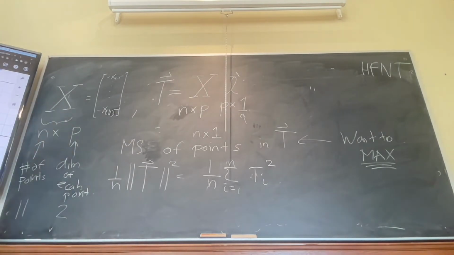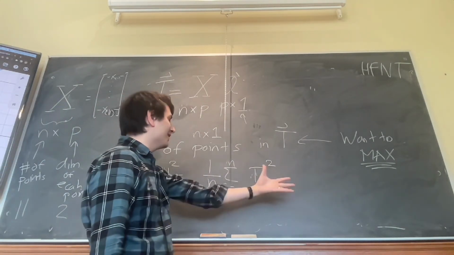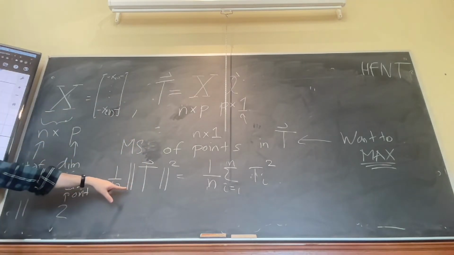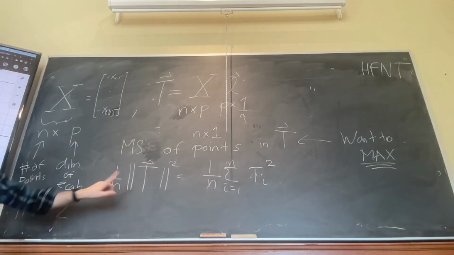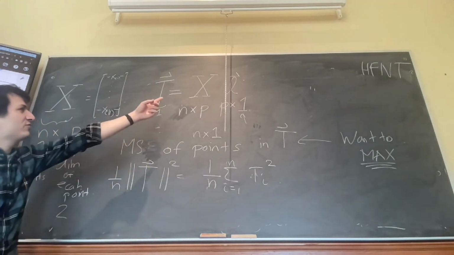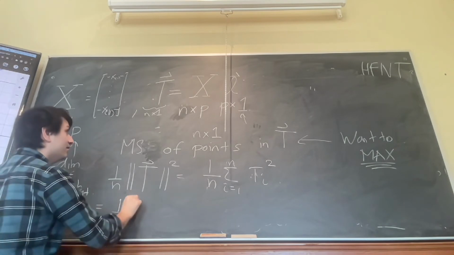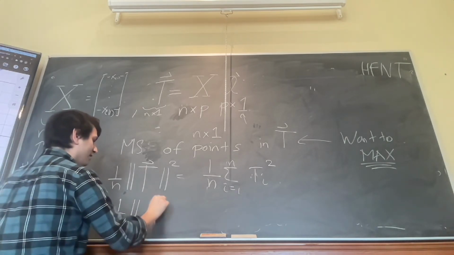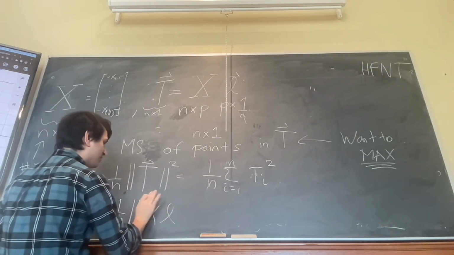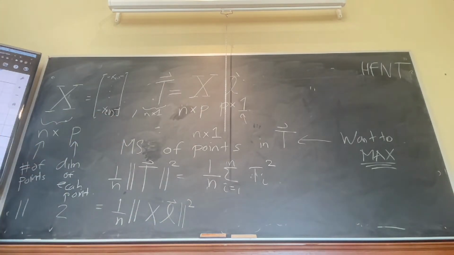And you could take this formula and write it out and see what it is. But if you write it as a vector and think of it as the norm of a vector, so this is an n by 1 vector, you're going to get something nice. So this is 1 over n, norm of x times L squared, where x is a matrix and L is a vector, right, because t is xL.